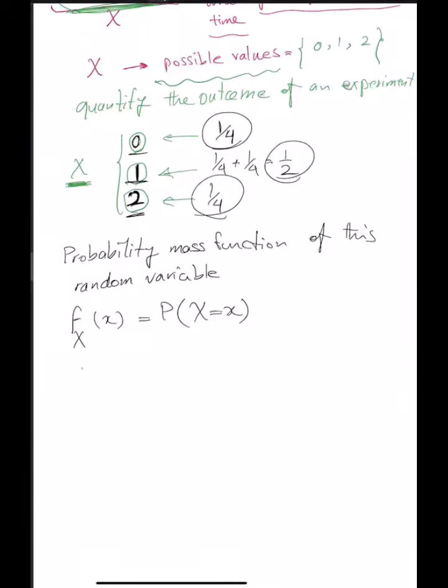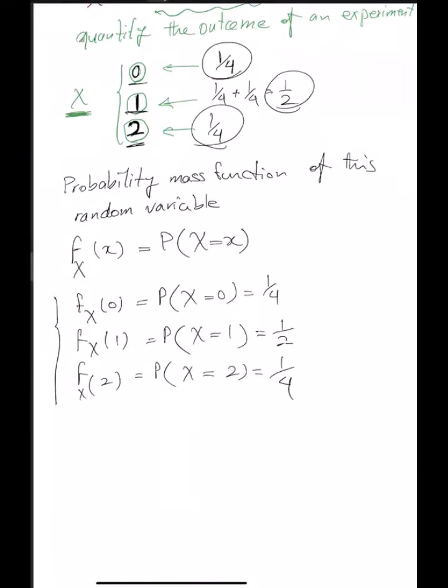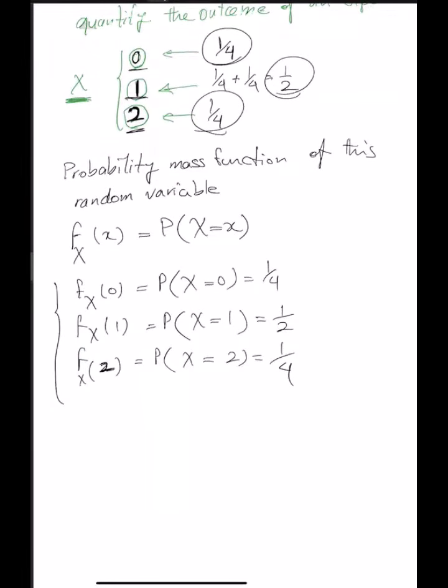Or here I can say f of x 0, the probability that the random variable takes value of 0 is 1 over 4, f of x 1, the probability that the random variable takes value of 1 is 1 over 2, and f of x 2, the probability that the random variable takes value of 2 is 1 over 4. So I know the possible values for this random variable, 0, 1, 2. I know the probabilities of each one of these values happening.